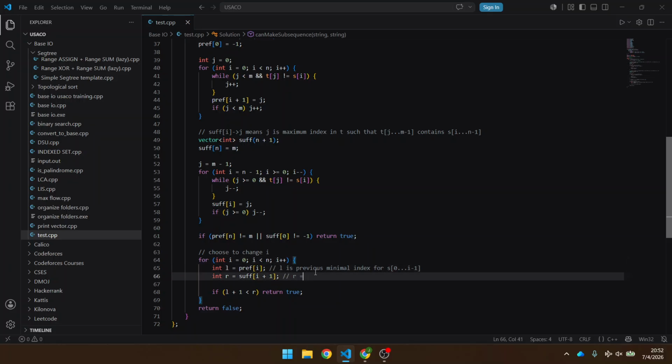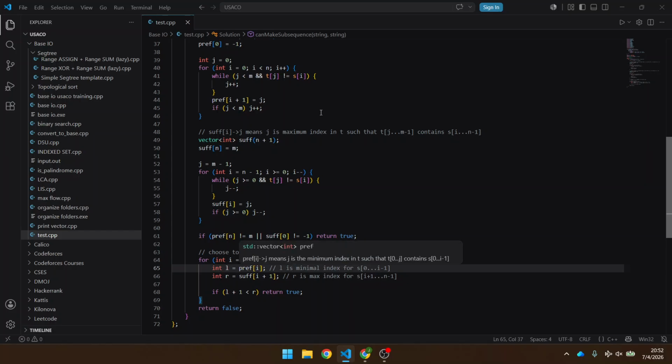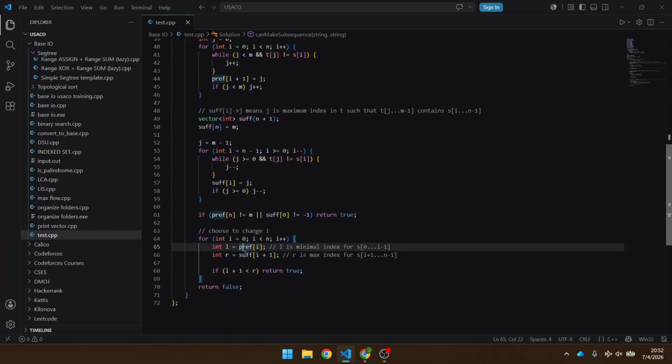And R is the max index for S I plus 1 to n minus 1. So we have our L and our R, which based on our definitions for pref and suff, we get.